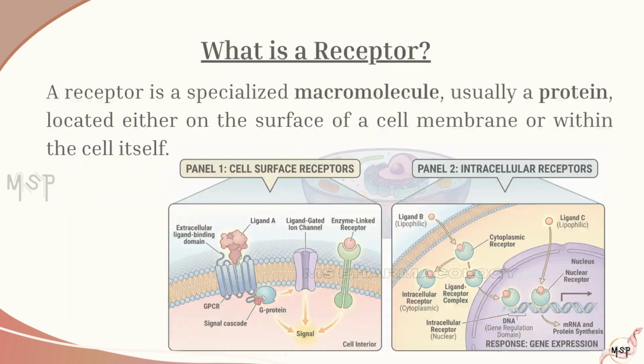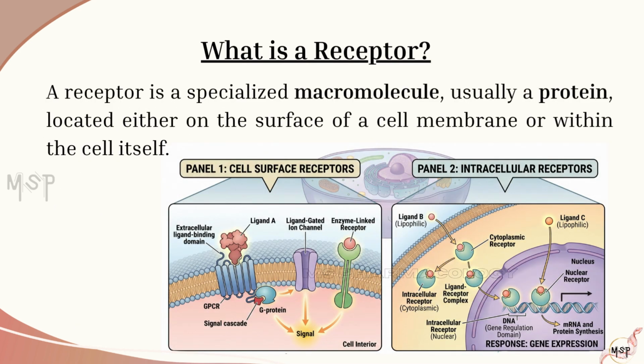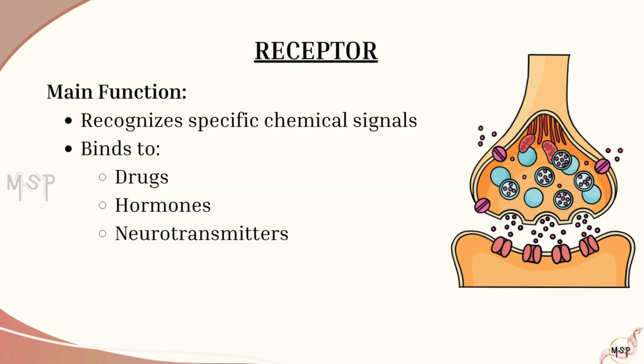Let's begin. So, what is a receptor? Let's start with the definition. A receptor is a specialized macromolecule, usually a protein, located either on the surface of a cell membrane or within the cell itself, in the cytoplasm or nucleus. Its main job is to recognize and bind to specific molecules, such as drugs or endogenous ligands, like hormones or neurotransmitters.